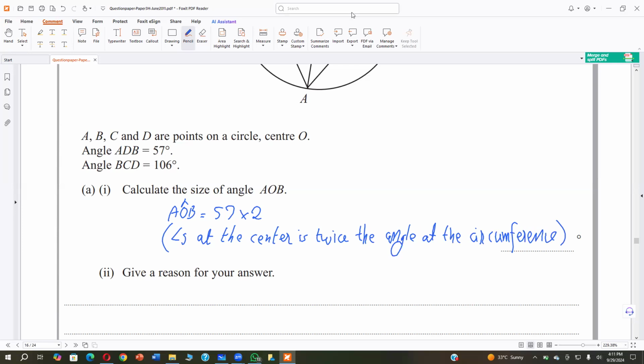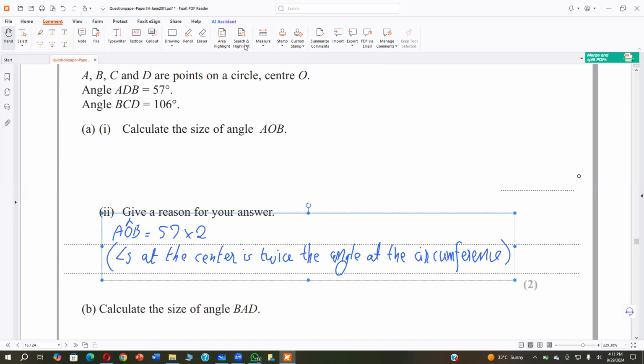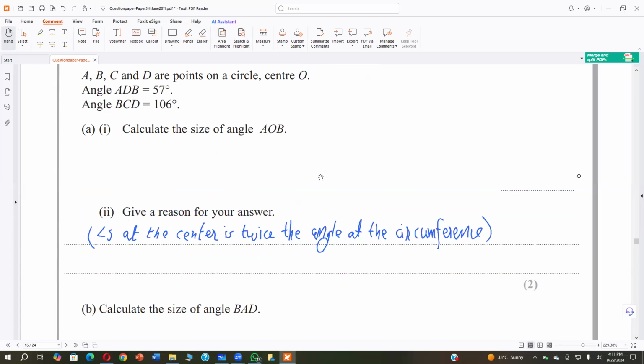Now the reason is that the angle at the center is twice the angle at the circumference. This is the reason. And the angle is 57, double of it. So you have to mention the property, and the answer is 57 into 2, which is 114.